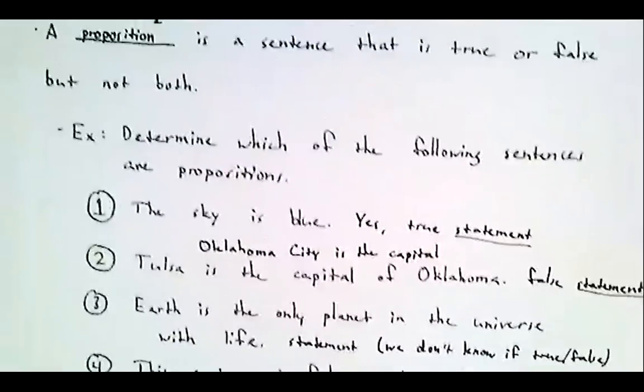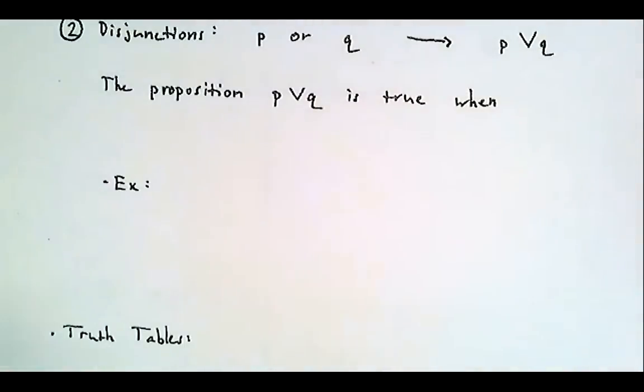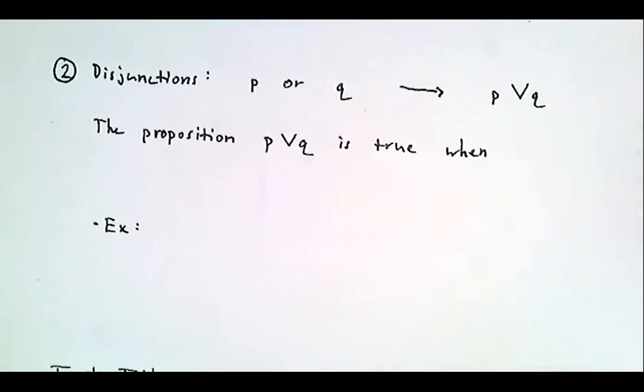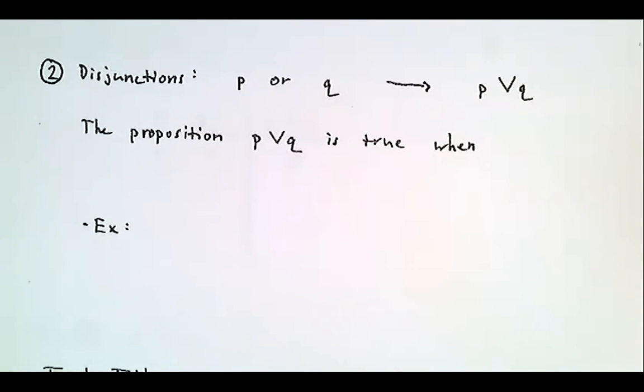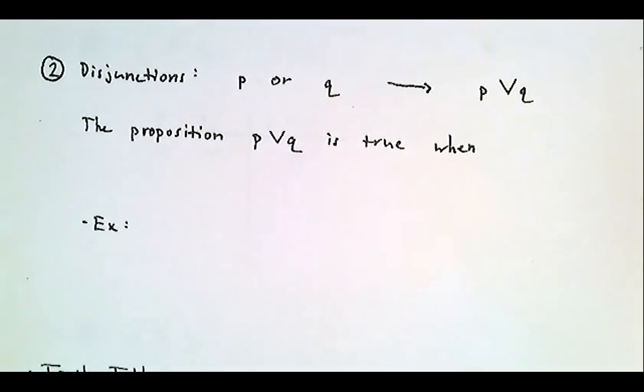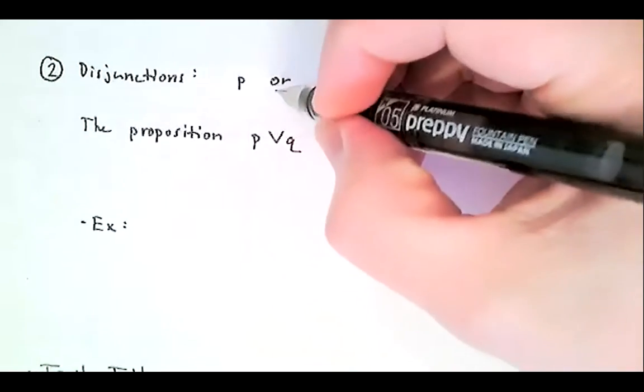So let's move on to the second kind of connective called the disjunction. So you might think of it as the opposite of the conjunction. And this is the or statement.